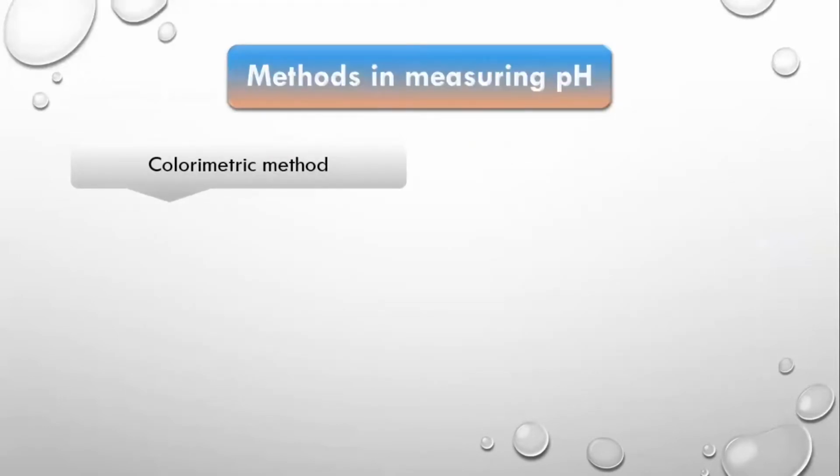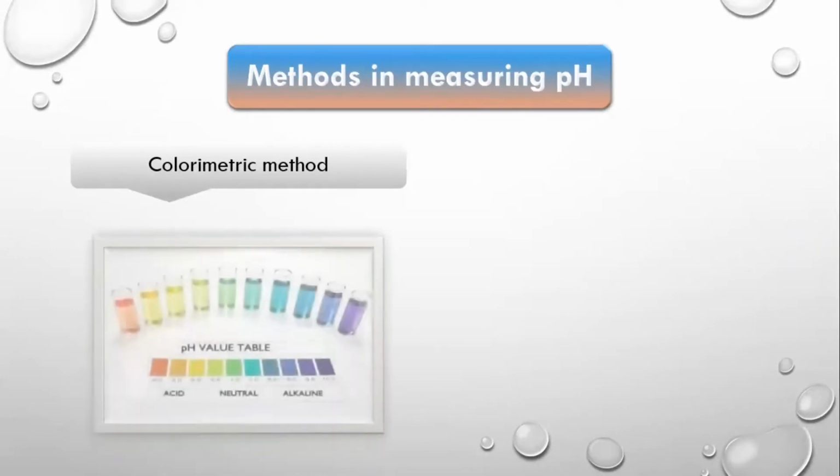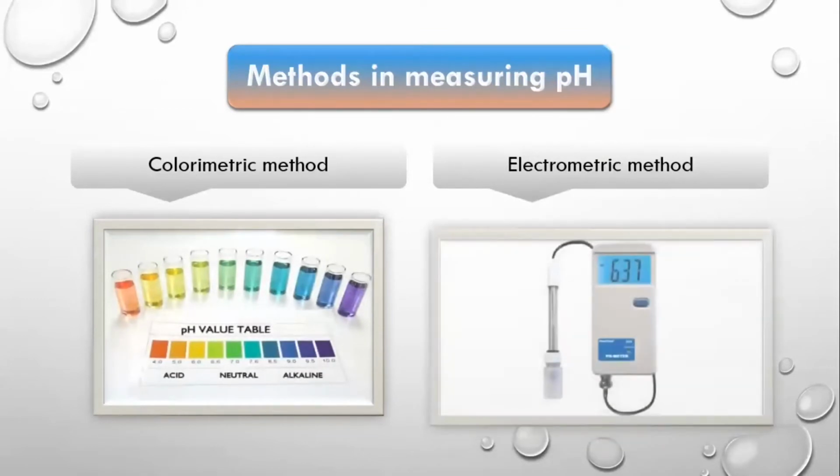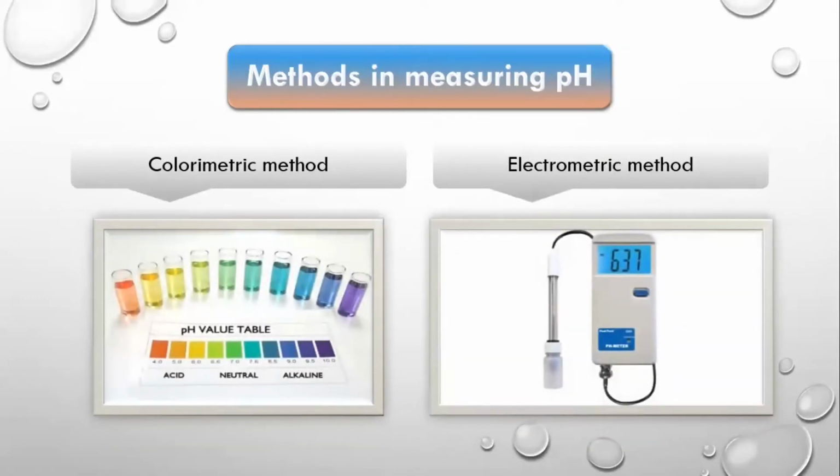There are two commonly used methods for the measurement of pH: a colorimetric method, which uses paper test strips impregnated with indicators, and an electrometric method using a glass electrode instrument, or the pH meter.